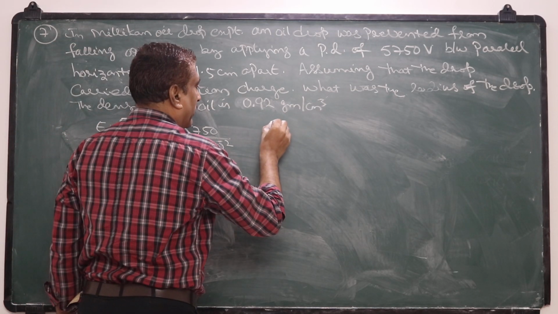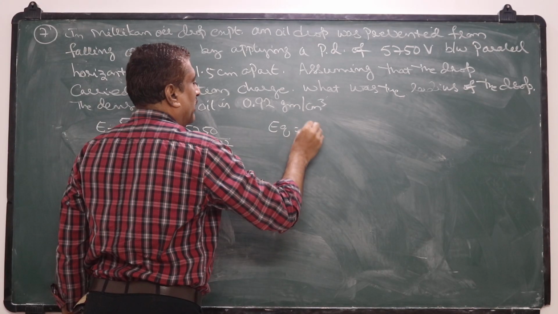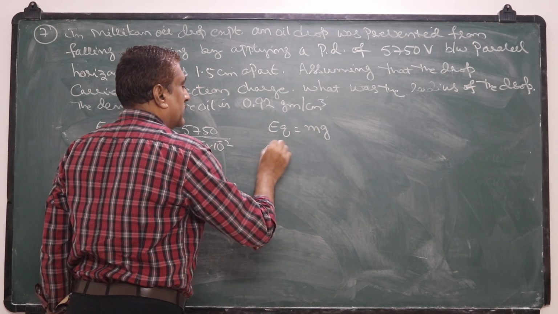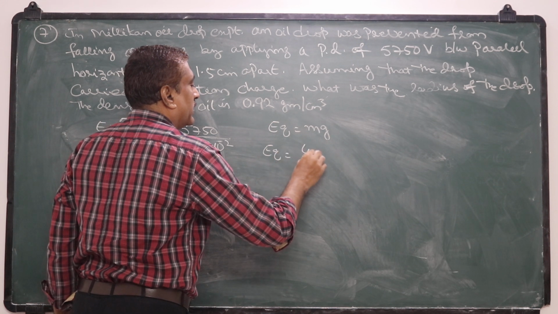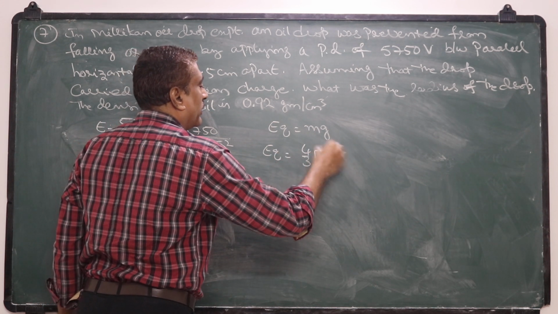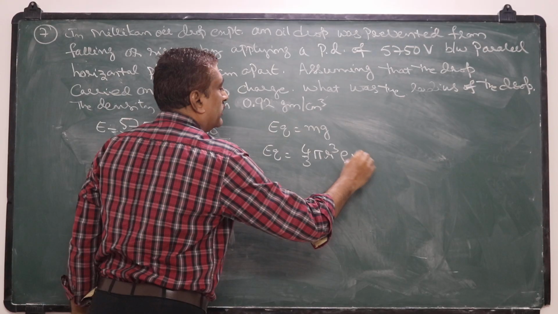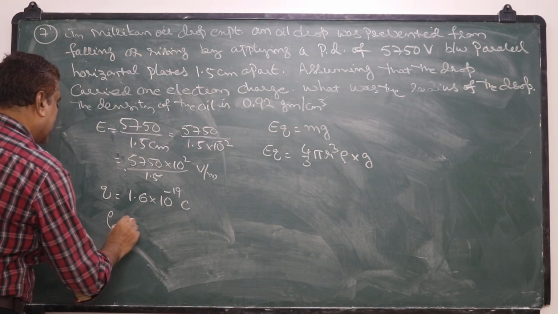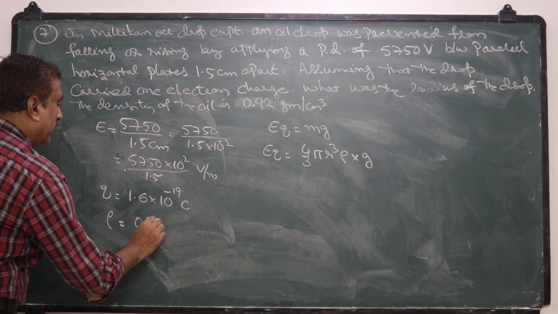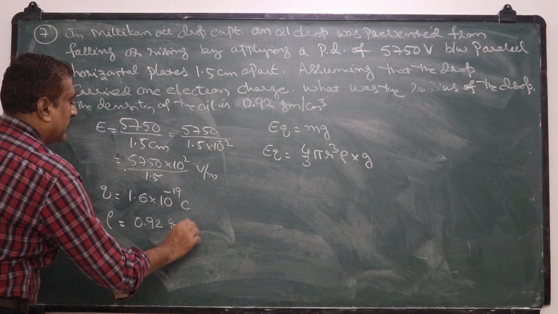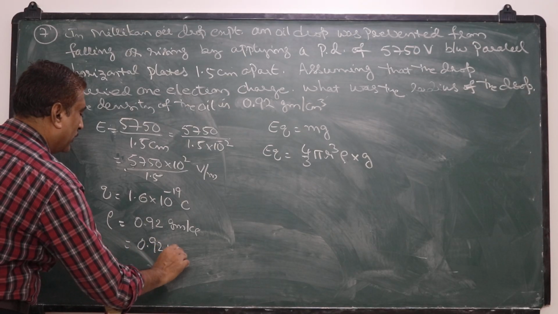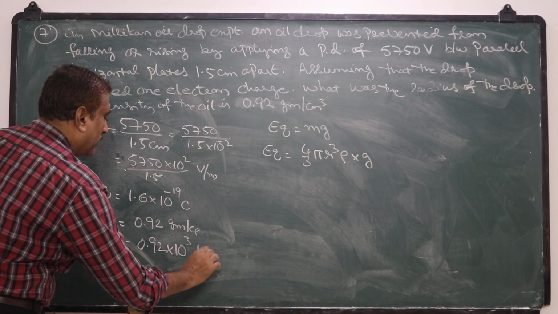Our equation is EQ is equal to mg, but mass can be written as volume into density, that is 4 by 3 pi r cube into rho into g, and given rho as 0.92 gram per cc. Convert into kg per meter cube, that is 0.92 into 10 cube kg per meter cube.